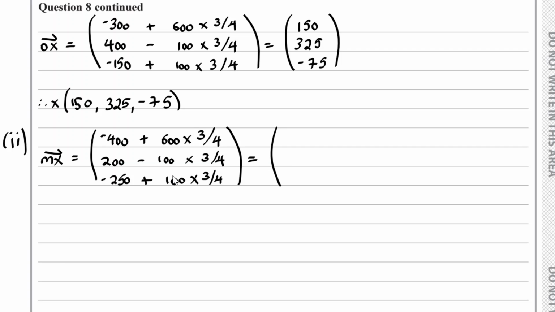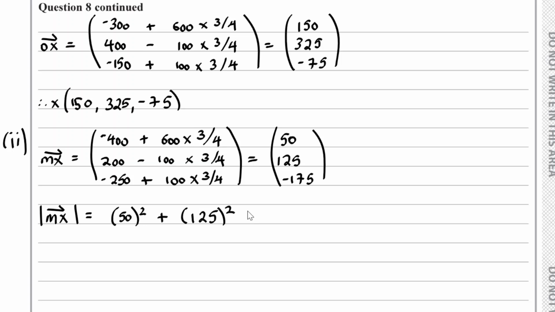So MX therefore is equal to 50, 125, and minus 175. The distance MX is quite easy to find. We have 50 squared plus 125 squared plus minus 175 squared, all square rooted.